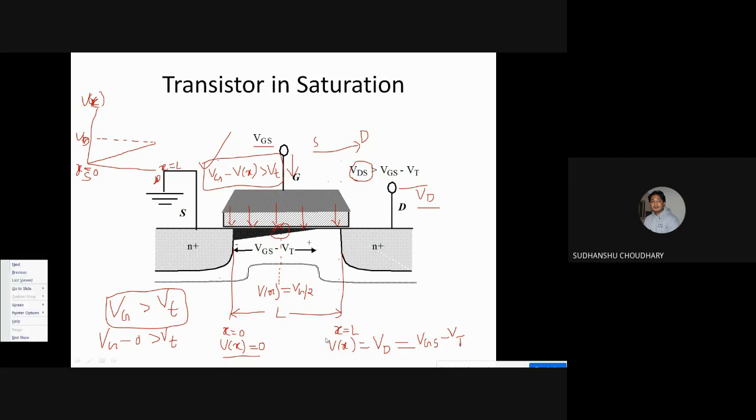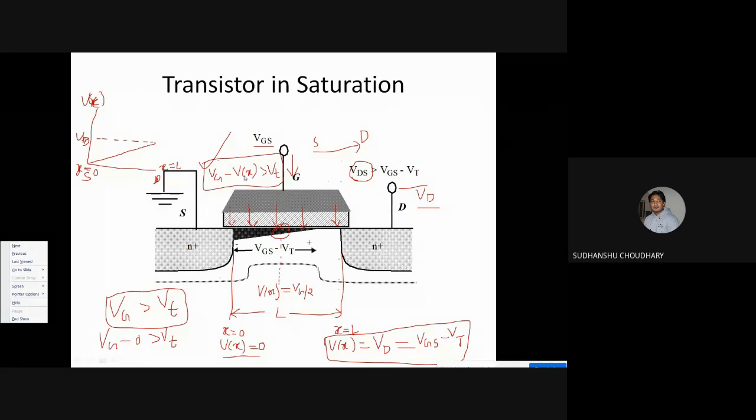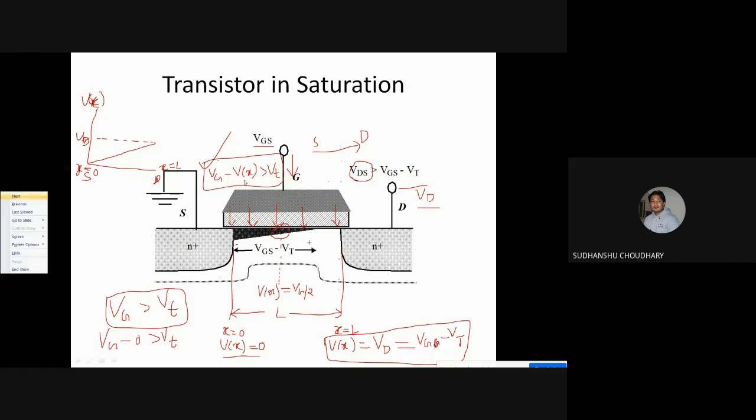Vx is VGS minus VT at the drain side. Or Vg minus Vt, let us say Vx is Vg minus Vt, because Vs is already 0, so you can keep it VGS or Vg.